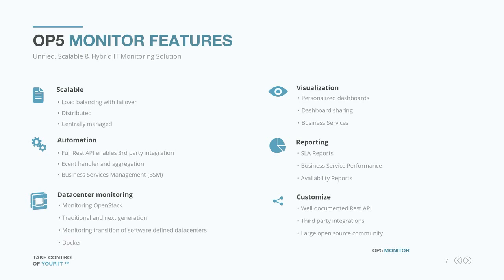And we have a nice visualization also. We have personalized dashboards. You can all have your own dashboards that show you what you really want to see. And we can share dashboards between users. And we have business services. Business services is a really neat way to present what the status of what you are delivering to your end users.